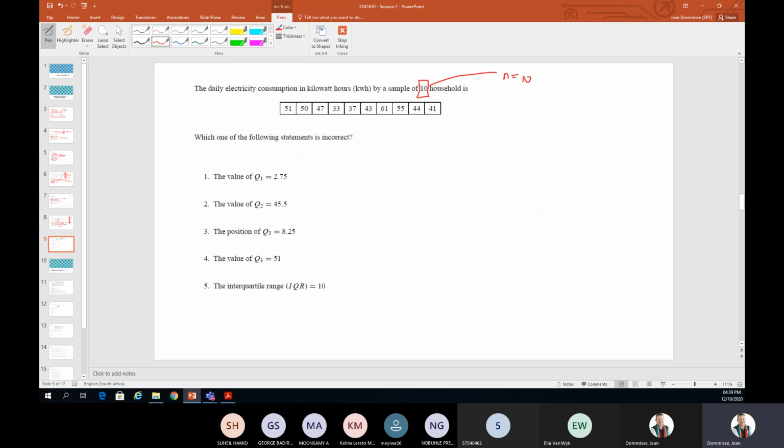So like in the previous one, position 1 is 2.75 and position 3 is 8.25. We haven't even done anything to that yet. So here we need to work out the median. Here we need to use that to get to that. And let's see then what was this one.